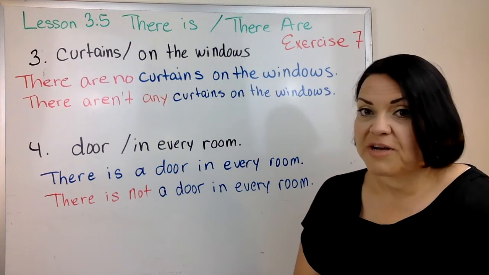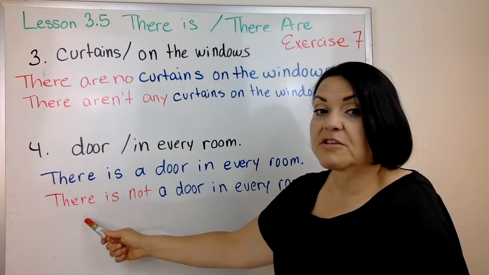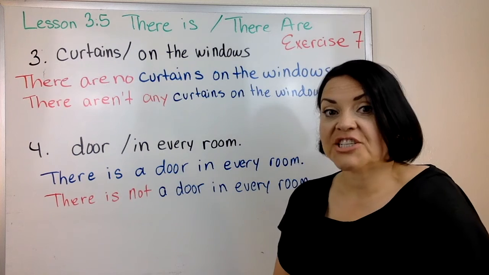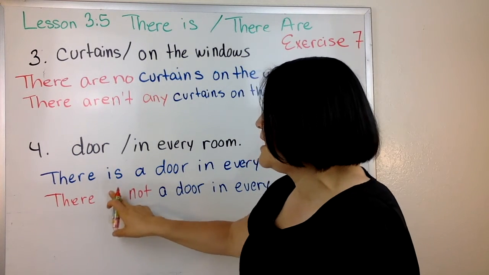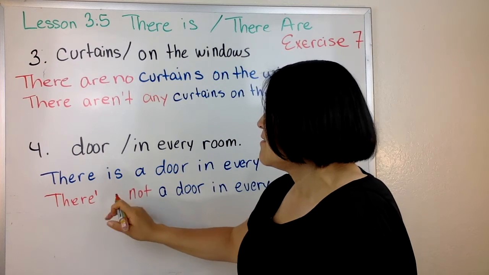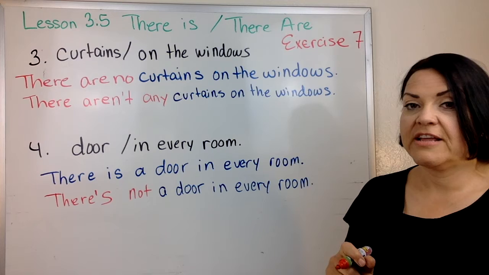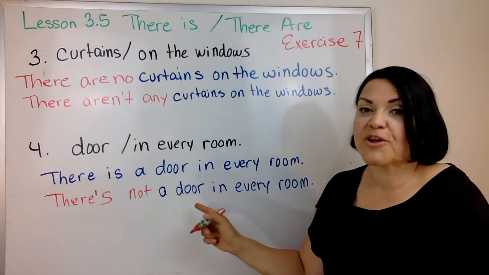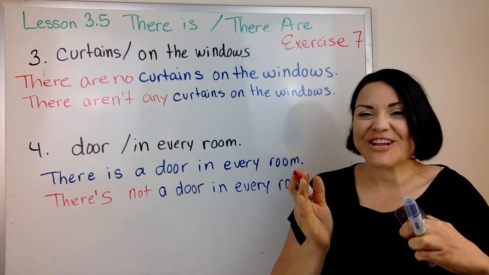Now the next one I feel like probably would be the most common. You can also make this a contraction, right? So we can also do something like there's not a door in every room. This will be more common. Again, we like to make words shorter and quicker.